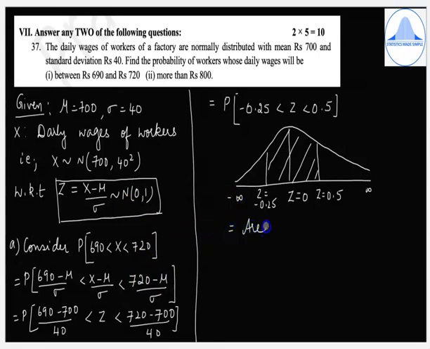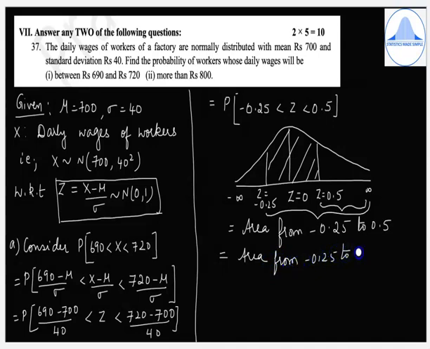Now the area which you have shaded, you write it in words. So this is equal to area from minus 0.25 to 0.5. Now from the starting point of the shading till infinity, draw a bracket. And from the ending point of the shading till infinity, you draw a bracket. So this is equal to area from minus 0.25 to infinity minus the area from 0.5 to infinity.